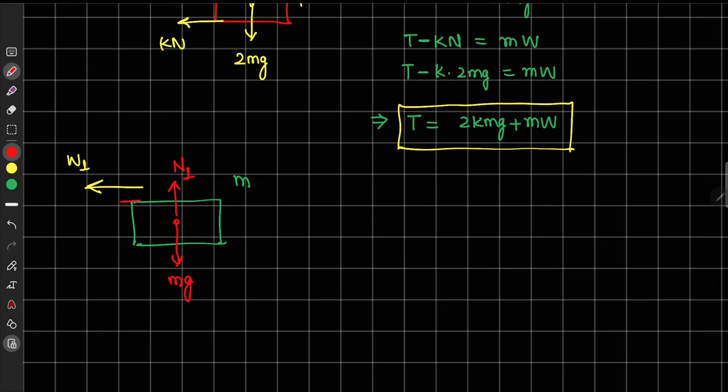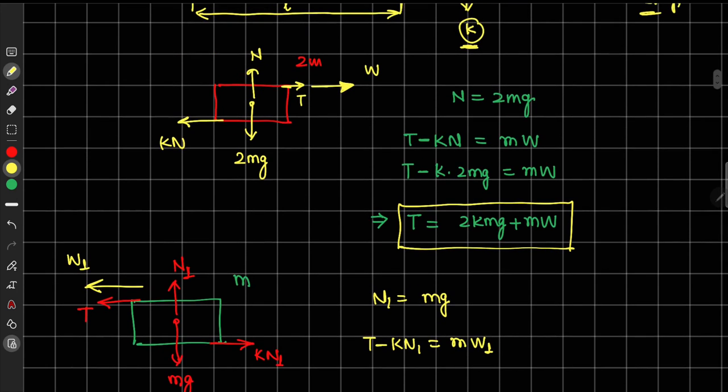The tension force T acts in this direction, and as it is moving in this direction, the friction force acts in the opposite direction with the value K into N1. Let us balance the forces in the vertical direction: N1 is equal to mg, and in the horizontal direction we can write T minus K times N1 is equal to mass into acceleration.